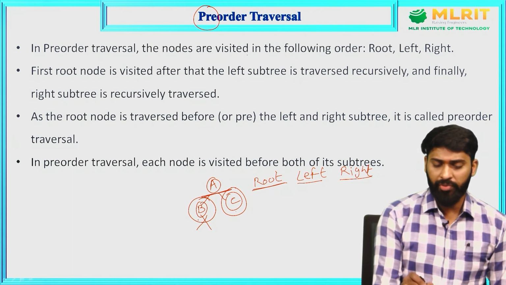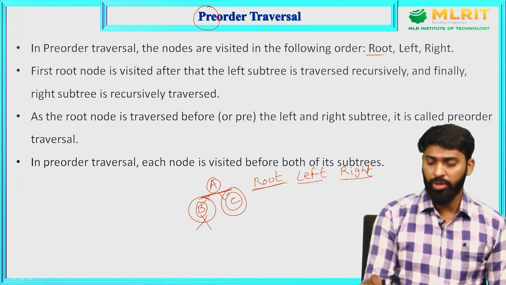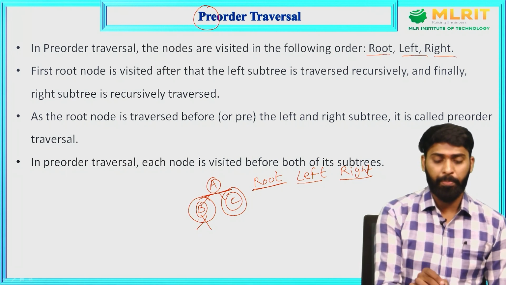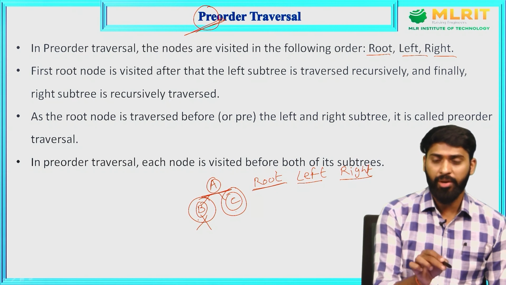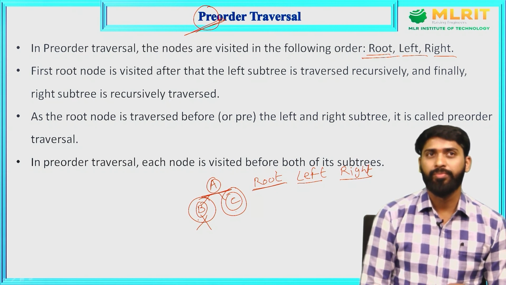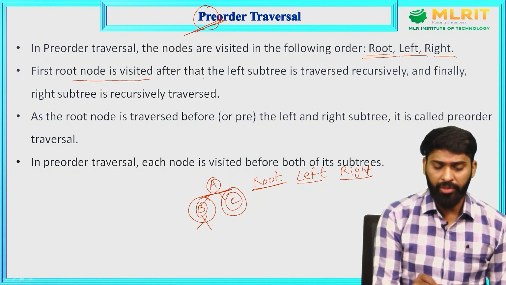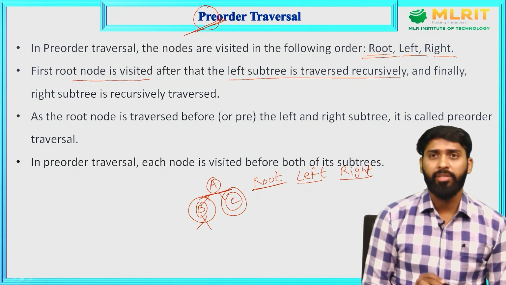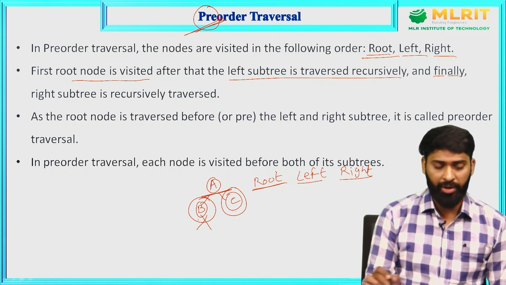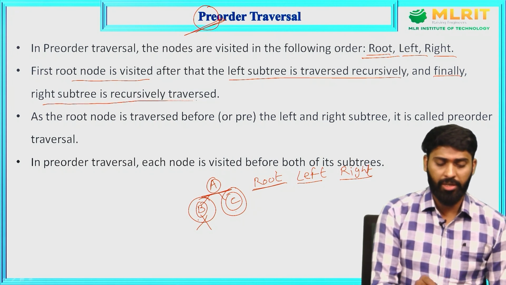The nodes are visited in the following order: root, left, right. Pre means first visit the root node. First the root node is visited, after that the left subtree is traversed recursively, and finally the right subtree is recursively traversed.